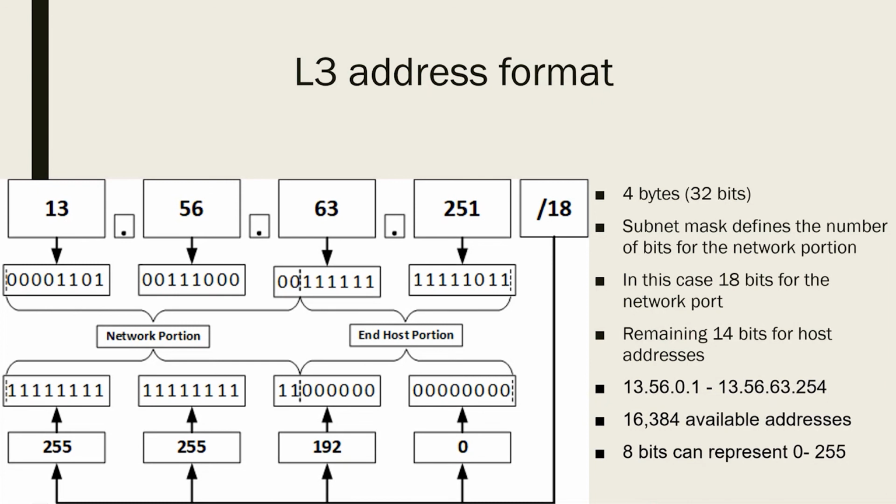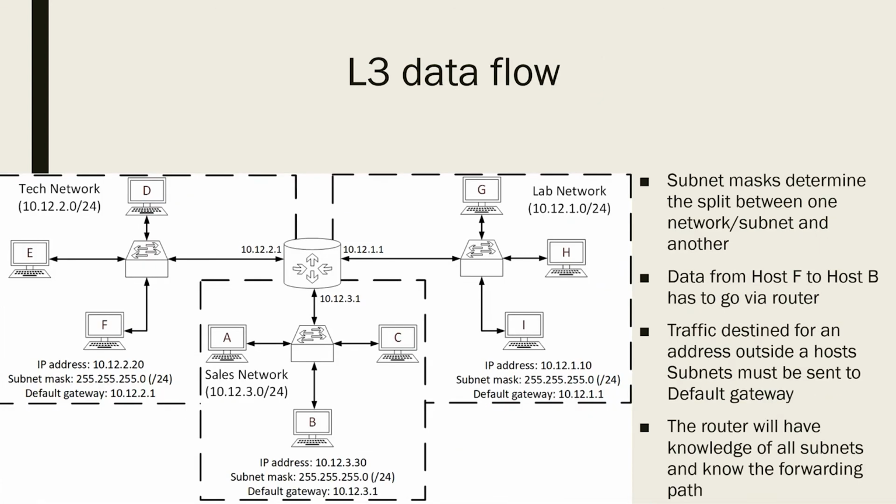Both are the same thing effectively. If we look back at this data flow diagram, while this is a layer 2 domain, this lab network, for example, it is also one layer 3 subnet. It's a grouping of end hosts to represent one specific network segment or one subnet.